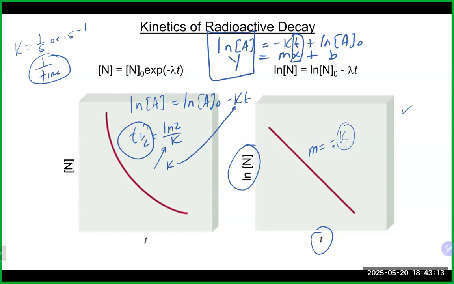That is a really common thing, and in most cases that's what you would be doing. You'd be given the half-life, use the half-life equation to get the decay constant, put the decay constant into the integrated rate law and solve for something like time or a concentration.